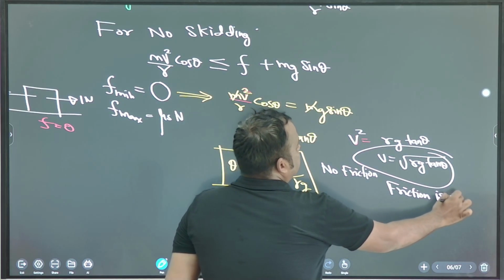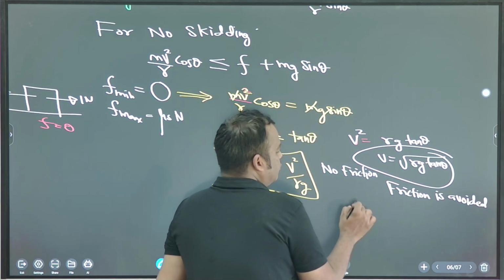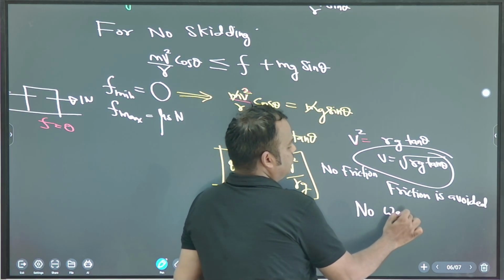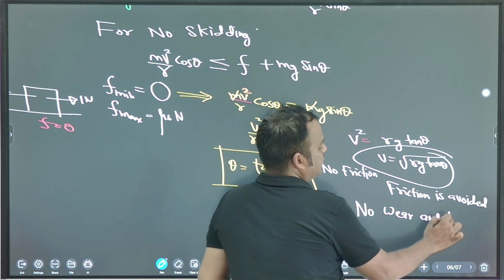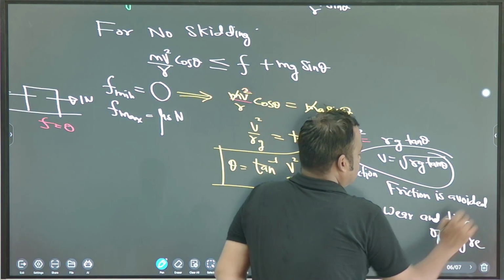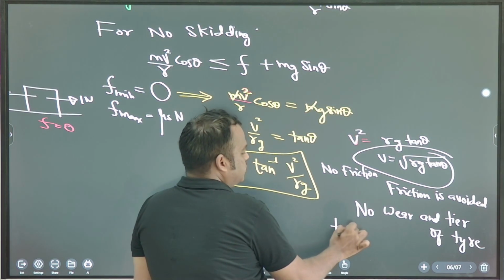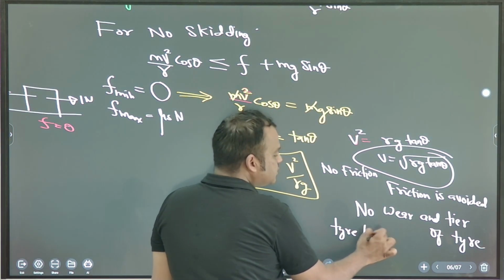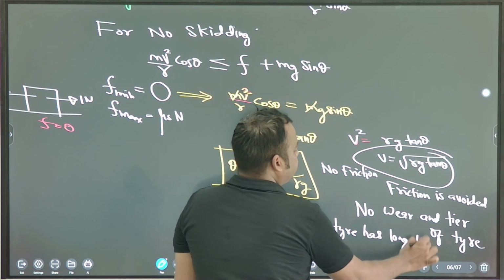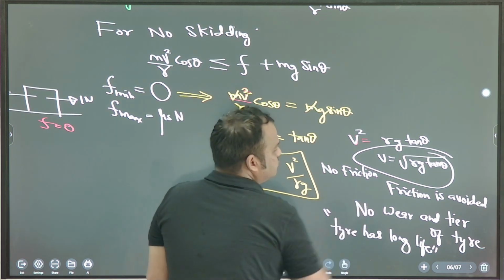Friction is avoided, so there is no wear and tear of the tire. Tires will have a long life. If you want a long life of the tire, friction should be 0.